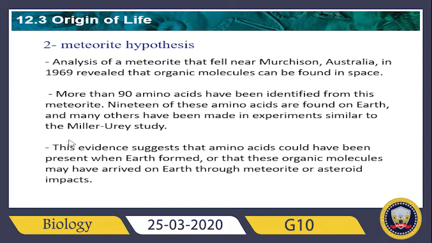So guys, what about the meteorite hypothesis? Analysis of a meteorite that fell in an area in Australia revealed that organic molecules can be found in space. More than 90 amino acids have been identified from this meteorite. 19 of these amino acids are found on Earth, and many others have been made in experiments similar to the Miller-Urey study.